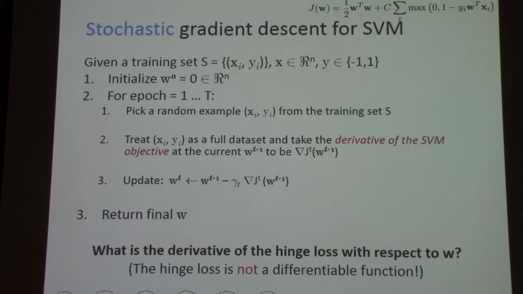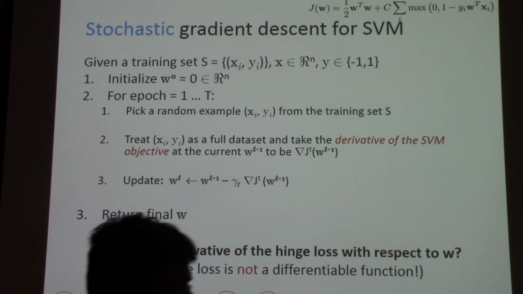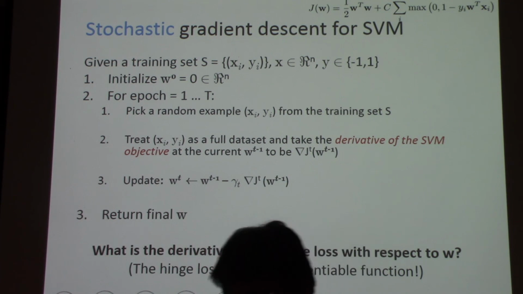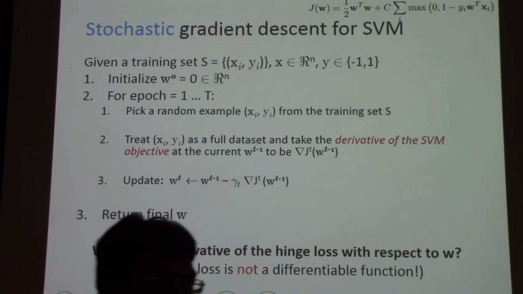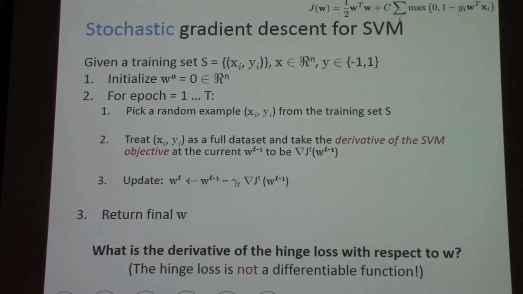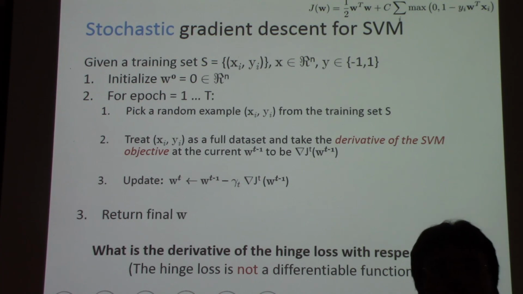Just to put this into context, just like we did for perceptron, the learning proceeds in multiple epochs. At each step, you pick an example and pretend that this example is your entire training set, compute the objective, compute the gradient of the objective at the current weight vector, and take a step.